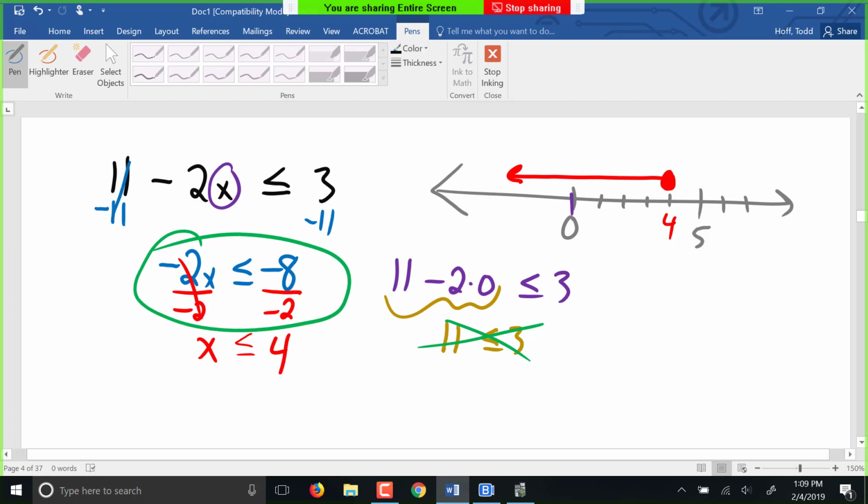When we divide by negatives or multiply by negatives, weird things happen in our inequalities. If you really get right down to it, you're not allowed to multiply or divide by a negative.